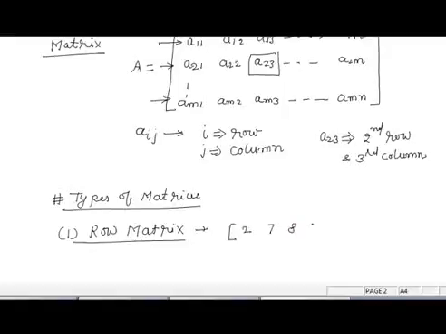Let's say, for example, this. It contains only a single row, that's why it is called the row matrix. Here we can see it has one row and four columns, so the order of this matrix, written as row into column, is 1 by 4.